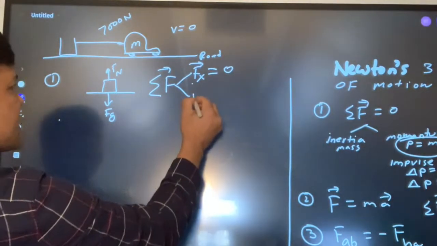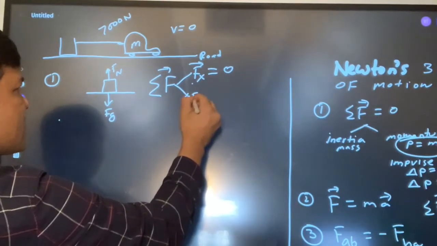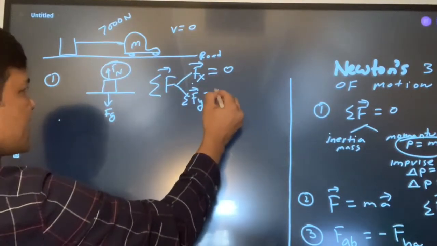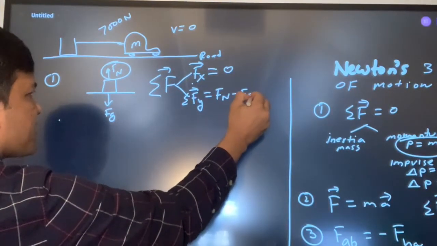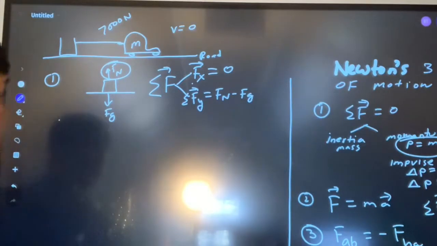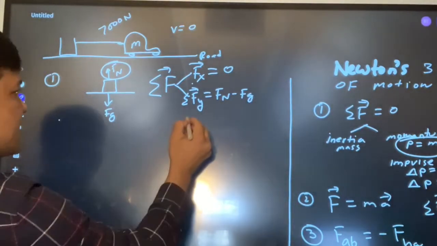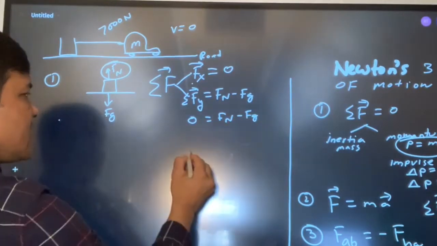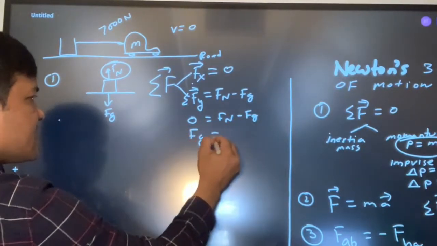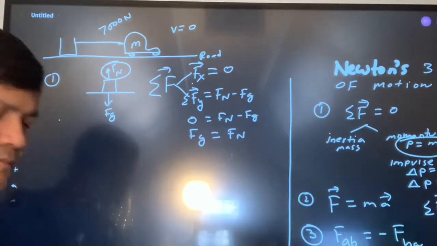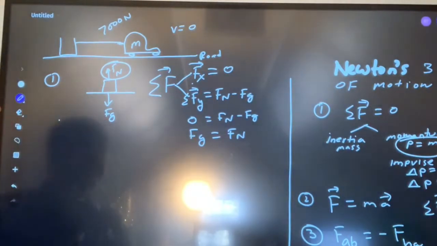At the y direction, there are two forces acting on it, Fn minus Fg. So the net force at the y direction is 0 because the container is at rest. That means Fg is equal to Fn. All right, that's why the net force is 0.